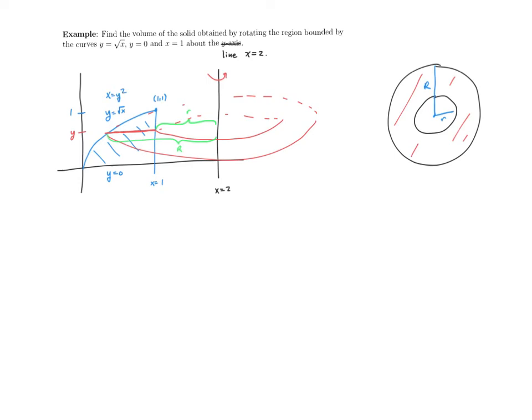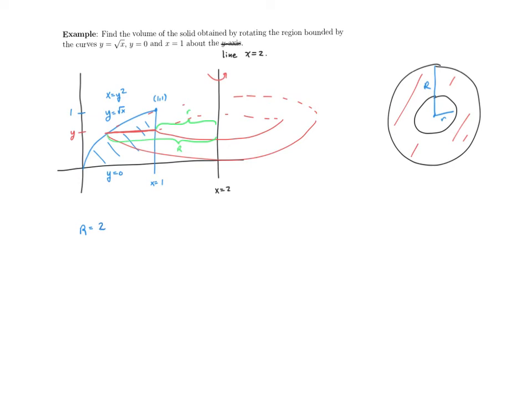So hopefully you've done this. Big R is going to be the distance the bigger curve, x equals y squared, is from the line x equals 2. And remember, when we're calculating this distance, we're always going bigger minus smaller.